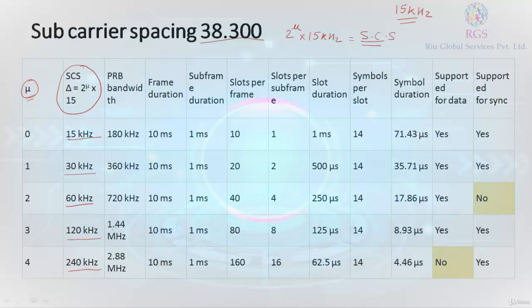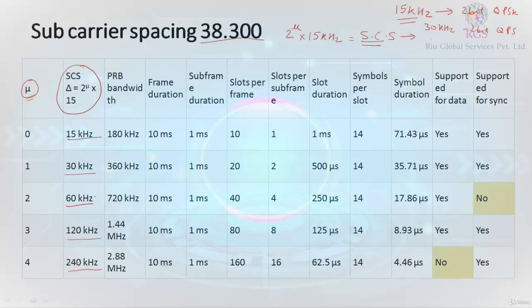Now, what is the significance of these different subcarrier spacings? If you know the meaning of subcarrier spacing, which I explained a few minutes ago, it is the smallest unit which can carry the data. That means 15 kilohertz is going to carry 2 bits when you are using QPSK modulation. 30 kilohertz will also carry 2 bits with QPSK.